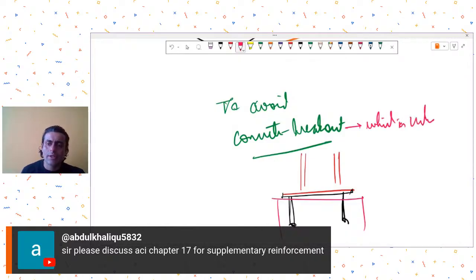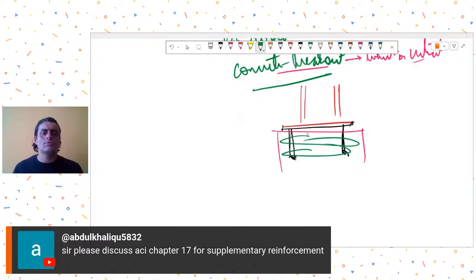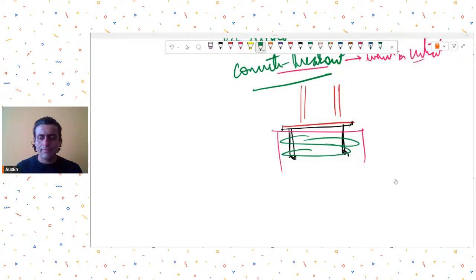So to avoid the most critical failure, the breakout failure, the code provides an option to provide supplementary reinforcement to tie the anchor bolts together to avoid concrete breakout. That is the basic concept, and for the calculations you can have a look at ACI chapter 17.